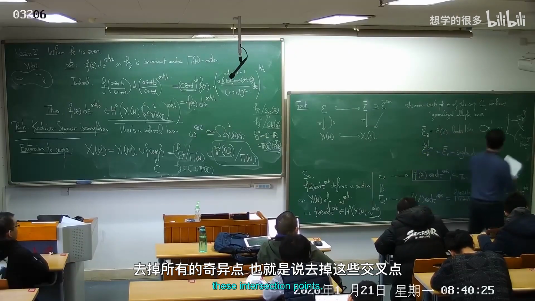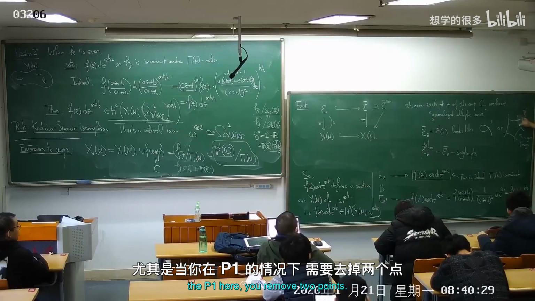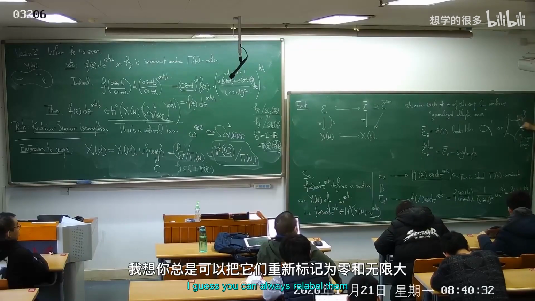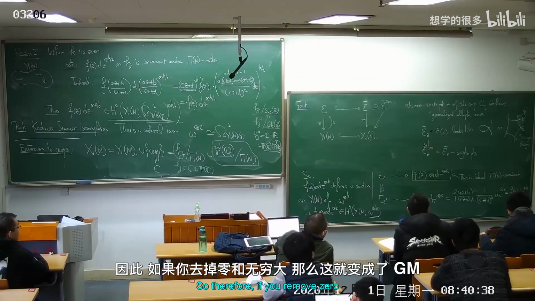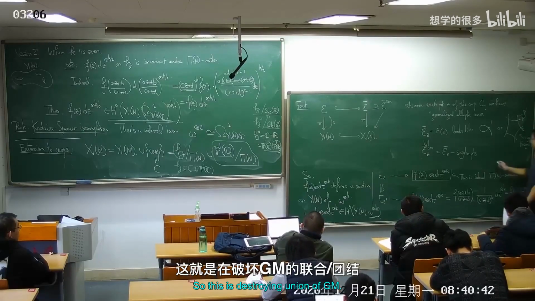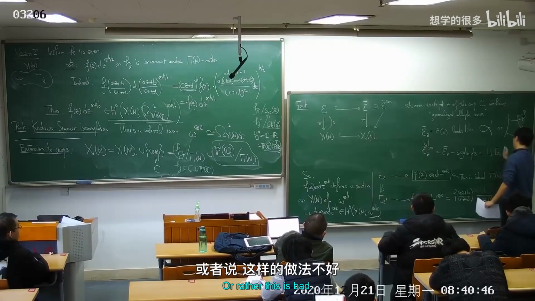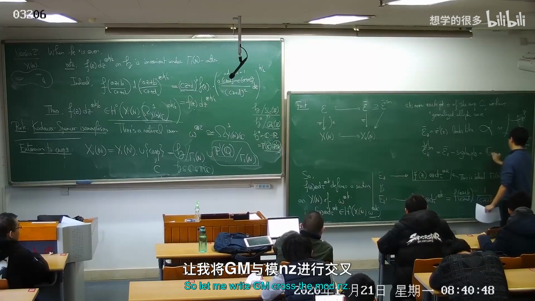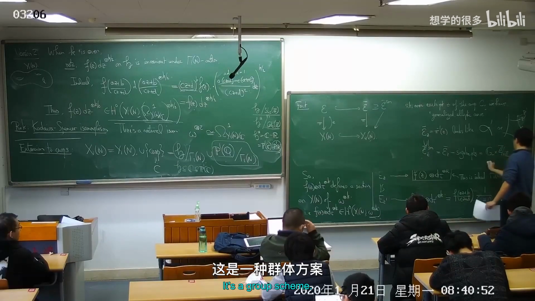Especially in a P1 here, you remove 2 points. You can always relabel them as 0 and infinity. So if you remove 0 and infinity, this becomes Gm. So this is a disjoint union of Gm. Or rather, this is bad. So let me write Gm cross Z mod NZ is a group scheme.